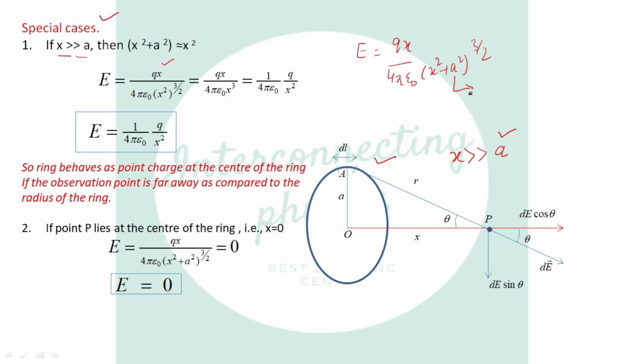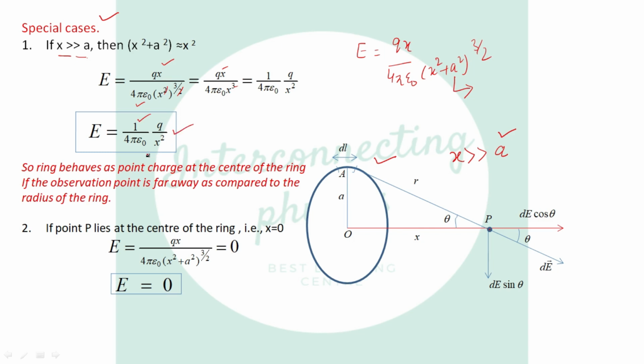If we neglect a, we will be left with qx divided by 4 pi epsilon naught (x square) raised to power 3 by 2. 2 cancels out with 2 and we are left with qx divided by 4 pi epsilon naught x cube. One x cancels out with another x and the relation is 1 over 4 pi epsilon naught q over x square.